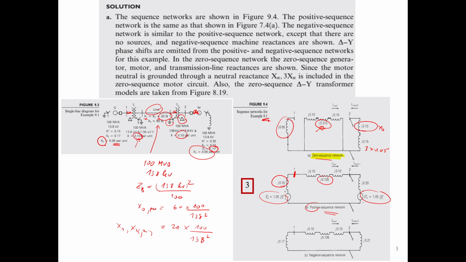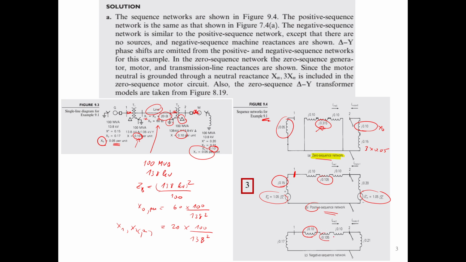And you can see that for the transformer it is the same, because the topology of the positive and negative sequences are the same, except the negative sequence doesn't have the EMF of the generator and the motor. And the line X2 is 20 ohms, so it's the same as the positive reactance.